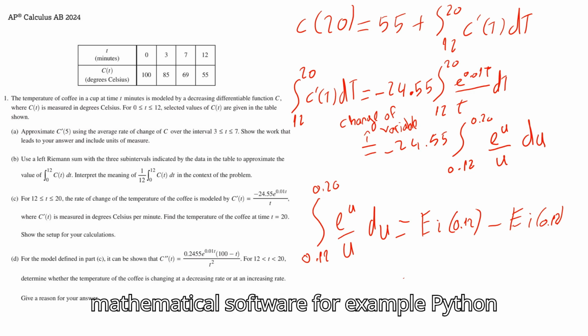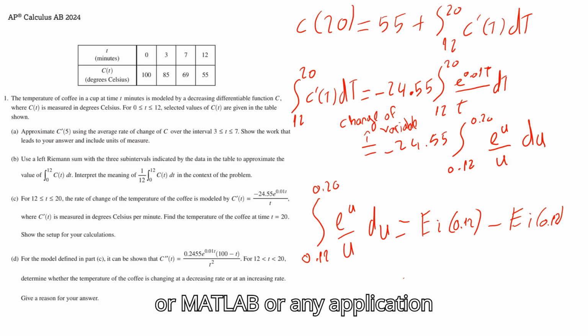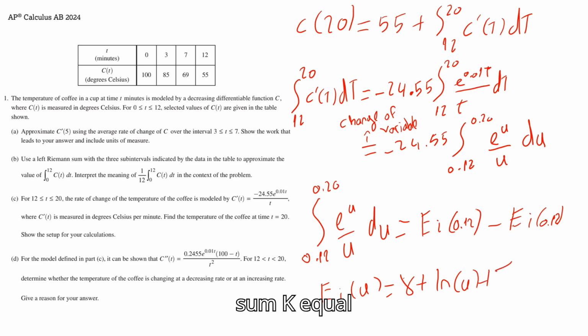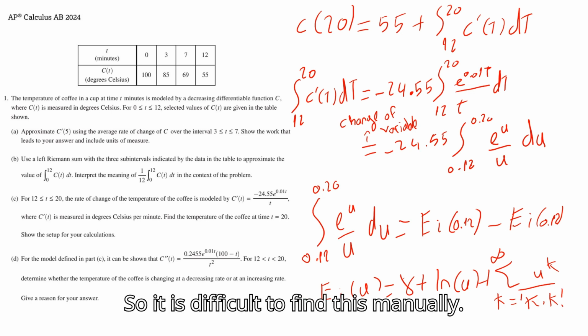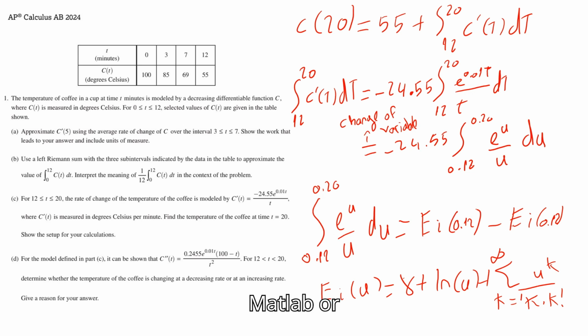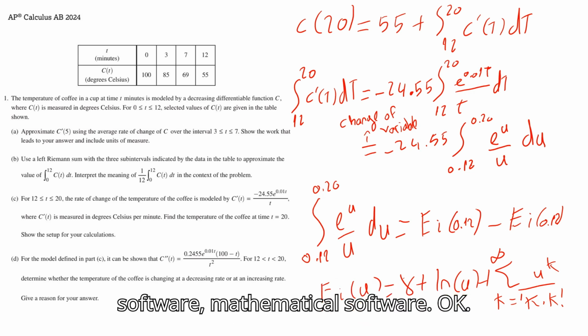By using mathematical software, for example Python or MATLAB or any application, because Ei(u) equals gamma plus ln u plus the sum from k equals 1 to infinity of u^k over k times k factorial. It is very difficult to find this manually, so we can use MATLAB or Python or any mathematical software. Okay.